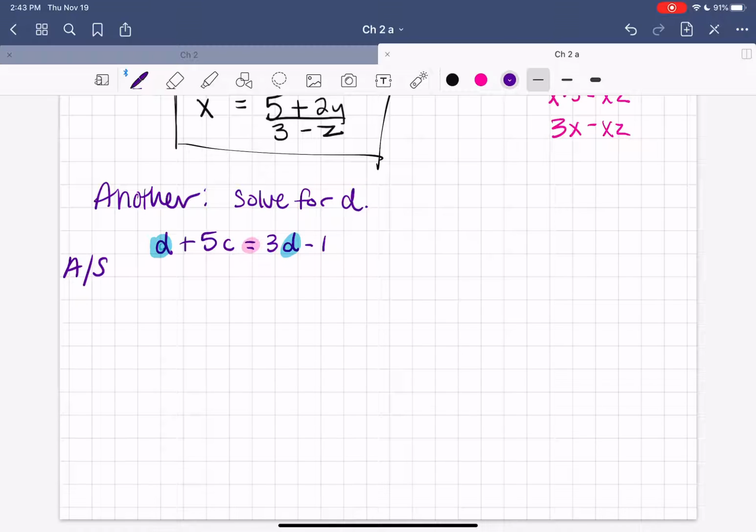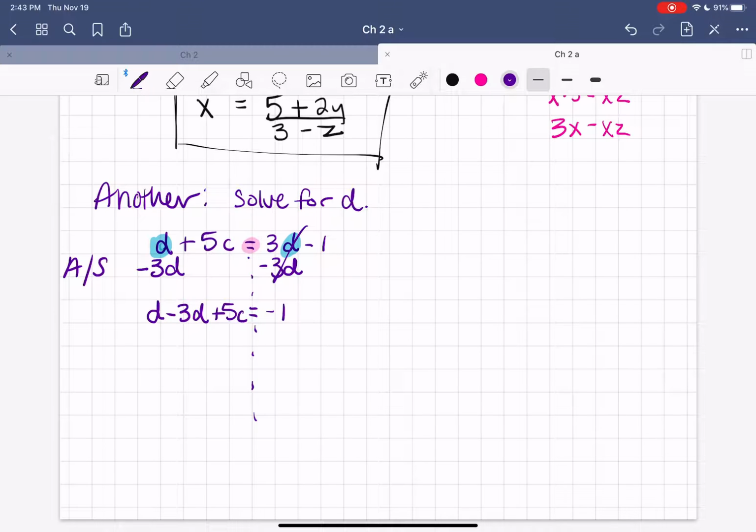So I'm going to actually say, all right, draw my little dashed line. I'm going to subtract 3d from both sides so that my d's are on the same side. So that cancels out there, and I get d minus 3d plus 5c equals negative 1.